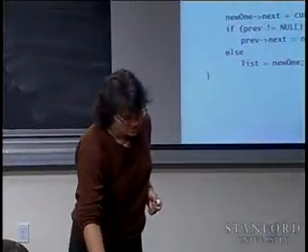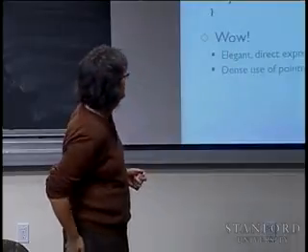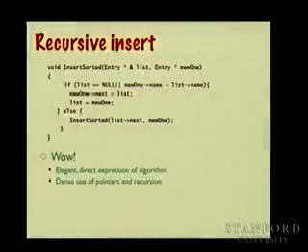So now I'm going to show you the recursive one. I'm not going to be able to talk about it very much, but I'm going to encourage you to take a look at it, which is the same activity of inserting a cell into a list that's being kept in sorted order.